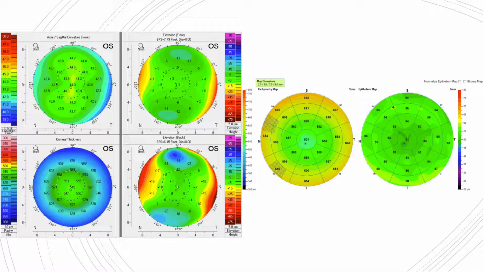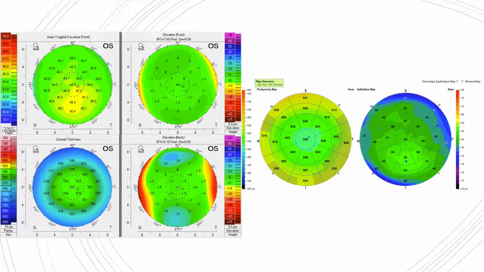But looking at the epithelial thickness map of that same eye on the right, we notice a pattern of central thinning in the same location as the central steepening that is the truncated bow tie on anterior curvature. And so this combination of mild steepening and epithelial thinning compensating for the steepening leads us to believe that there is a mild or early underlying ectatic process going on, and so this patient was ultimately denied corneal refractive surgery.